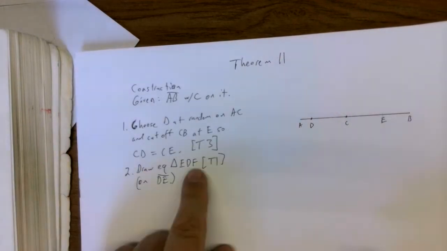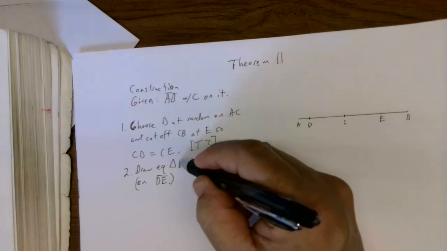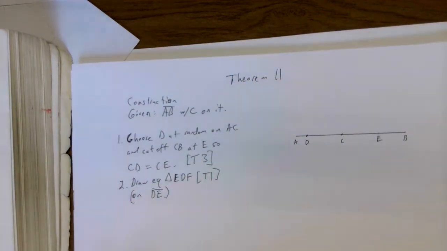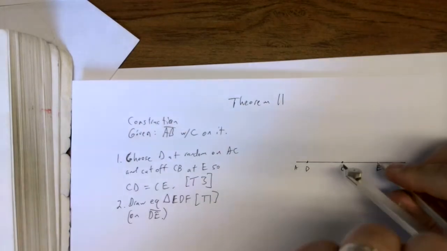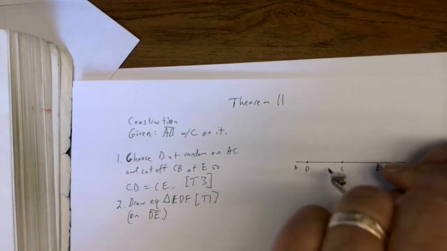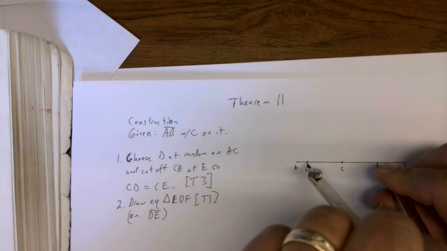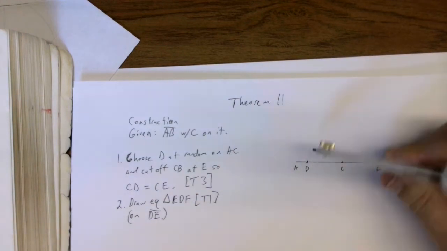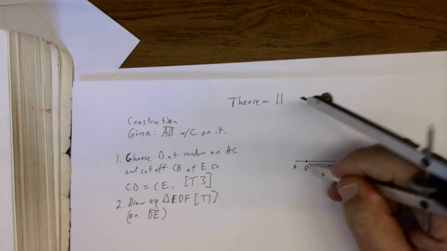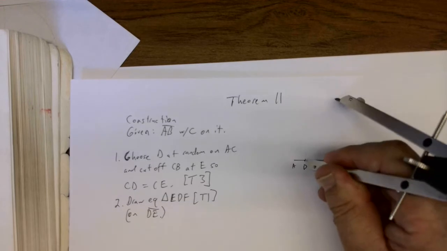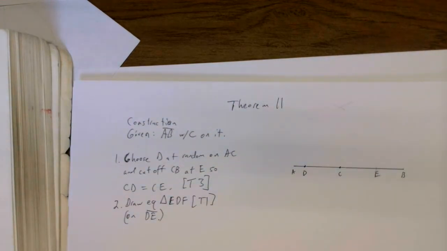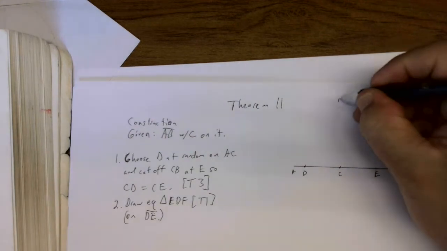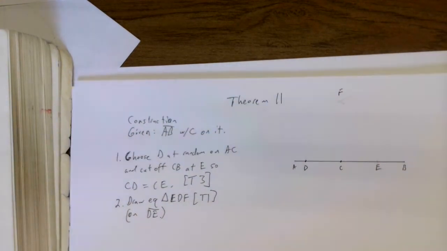But specify that it's drawn on DE, obviously. I guess you don't have to say that since the E and the D are already in the name of the triangle. And of course, making an equilateral triangle is super easy. All you need is the intersection of two circles. So I'm just going to do the intersection only, do the short version, and there is point F up there. All right?